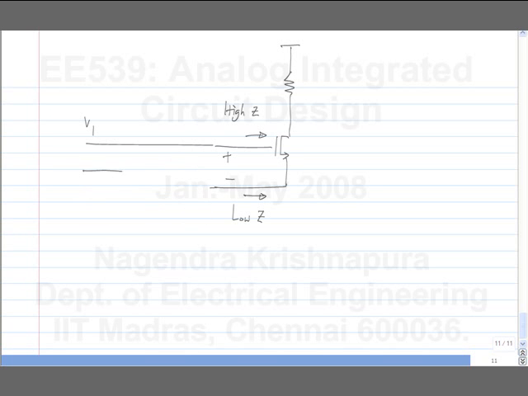This is a source follower. Okay. And I do this. Will this work? Are the two inputs symmetrical now? At least as far as the input impedance is concerned, they are symmetrical, right?